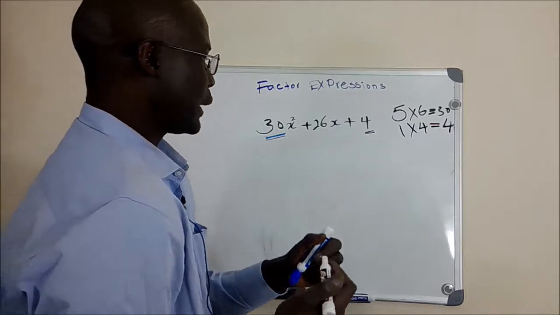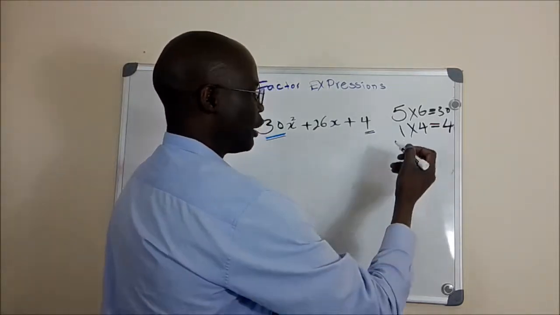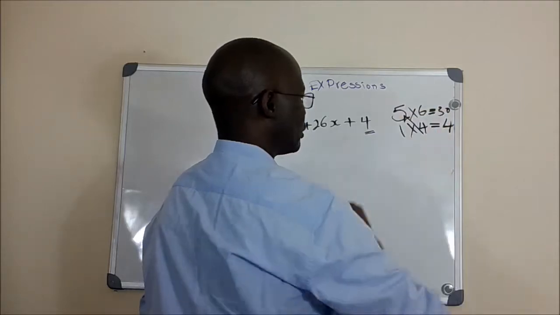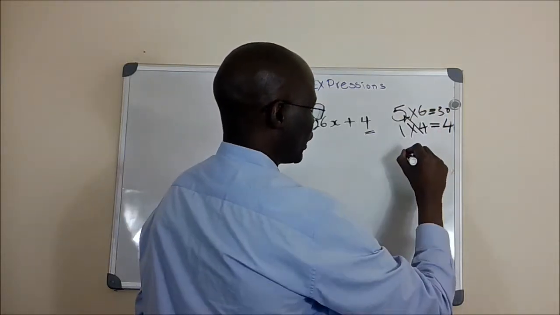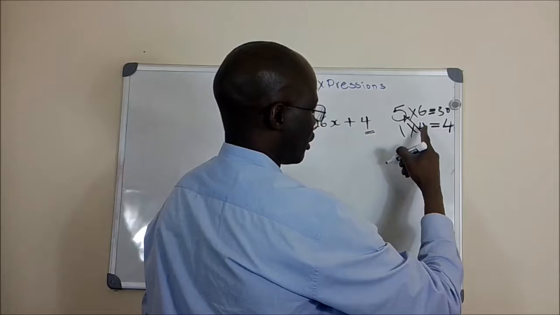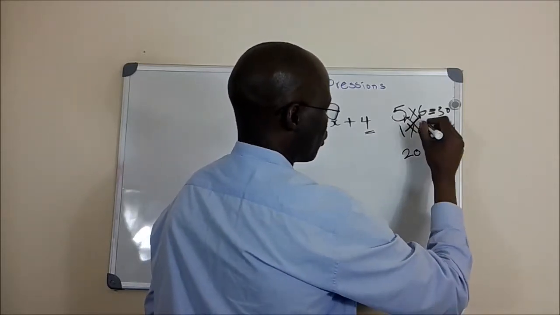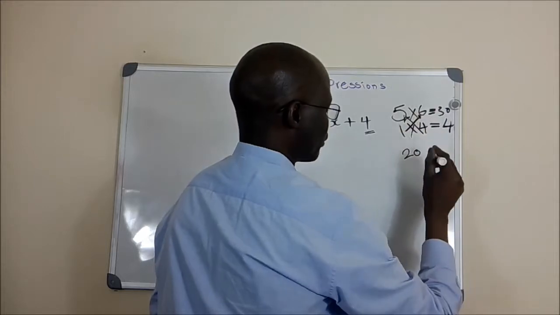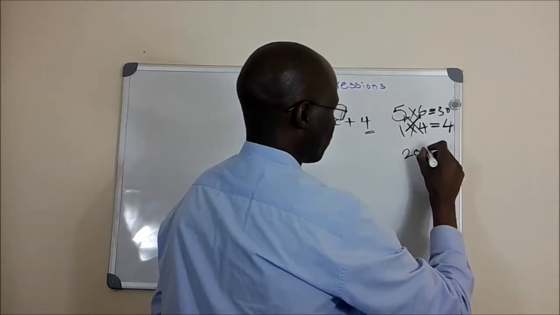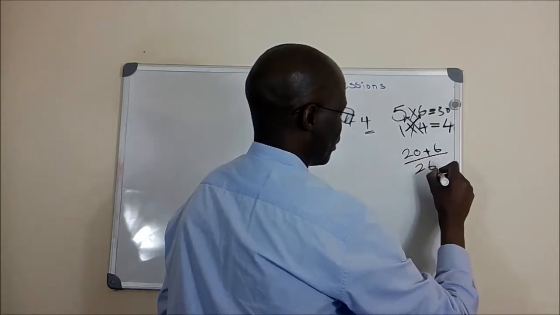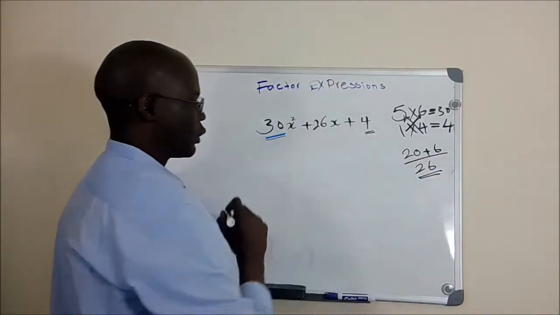Why am I choosing these numbers? If you multiply, you get 20 this time, and 1 times 6 equals 6, plus, you're going to get 26, which is what we're looking for in the middle here.